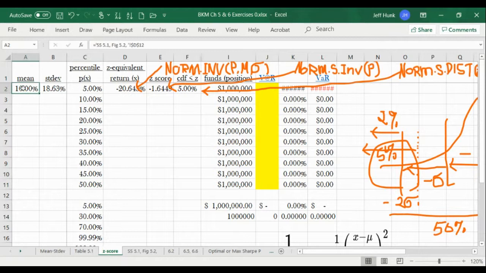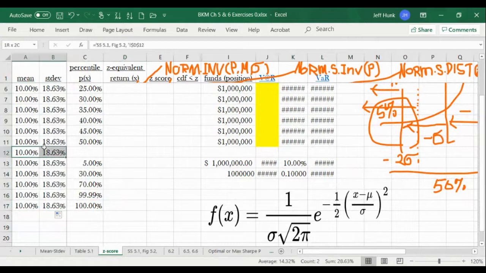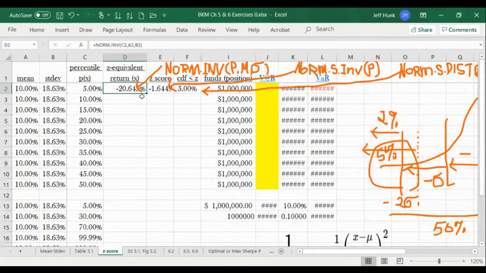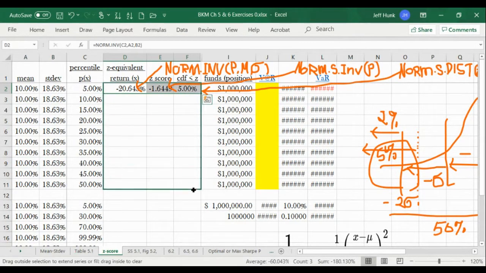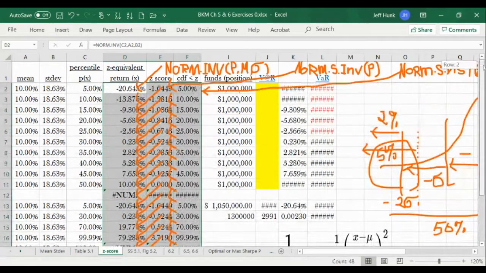So since I locked it, remember, since we locked it, all we need to do is highlight this too and just drag it down. And let's see what all of these will tell us. Oh, no. All these, I'm sorry.